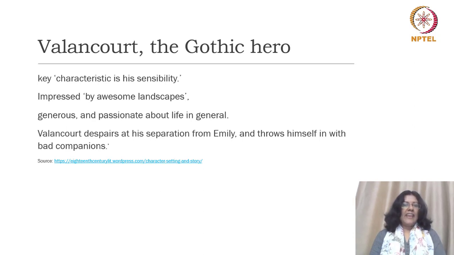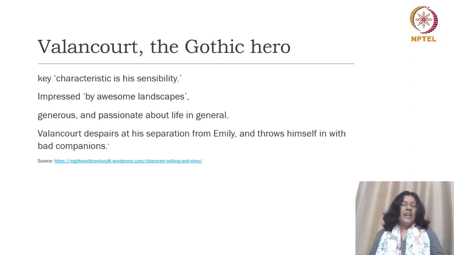Valancourt is the hero of this fiction, but we don't see him throughout the novel as we see Emily St. Aubert, and his key characteristic is his sensibility. He is impressed by awesome landscapes, and he is as sentimental or even more sentimental than Emily St. Aubert.